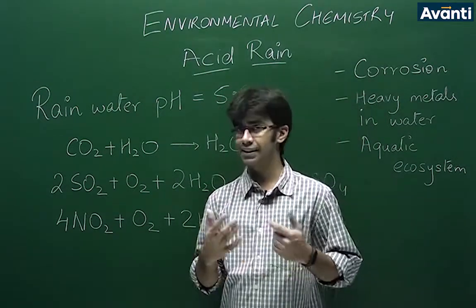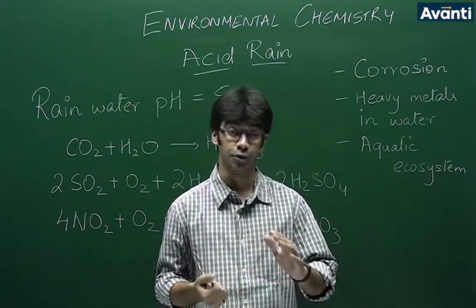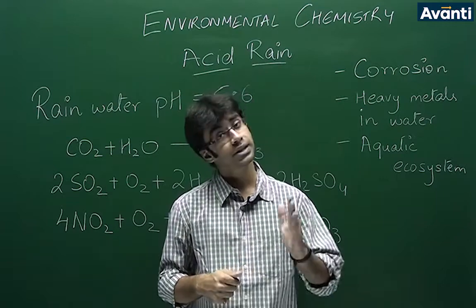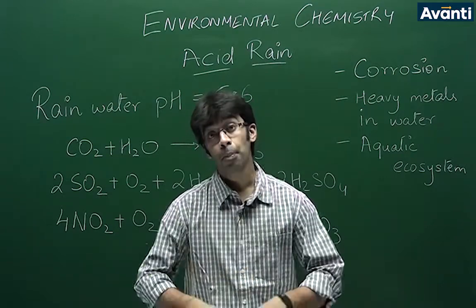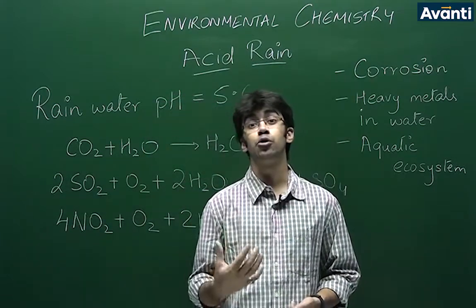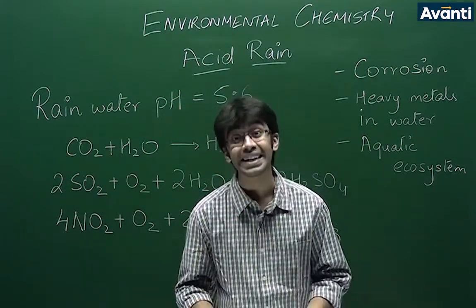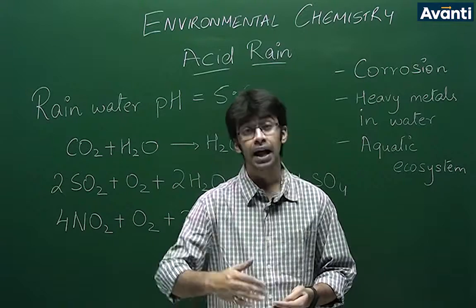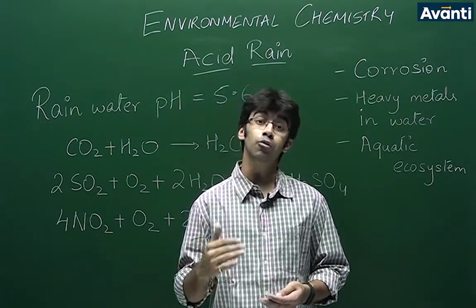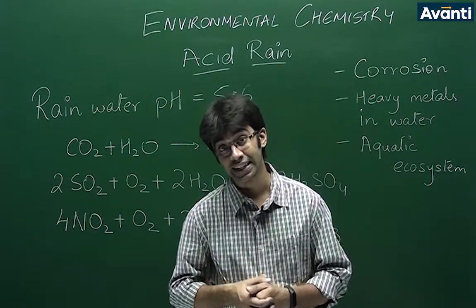A lot of you might think that rainwater should be neutral because it is pure H2O, but in fact it is not pure H2O, it is acidic in nature. But in places where the amount of CO2, NO2 or SO2 in the air increases due to pollution, the pH becomes lower than 5.6 and the rainwater becomes even more acidic.